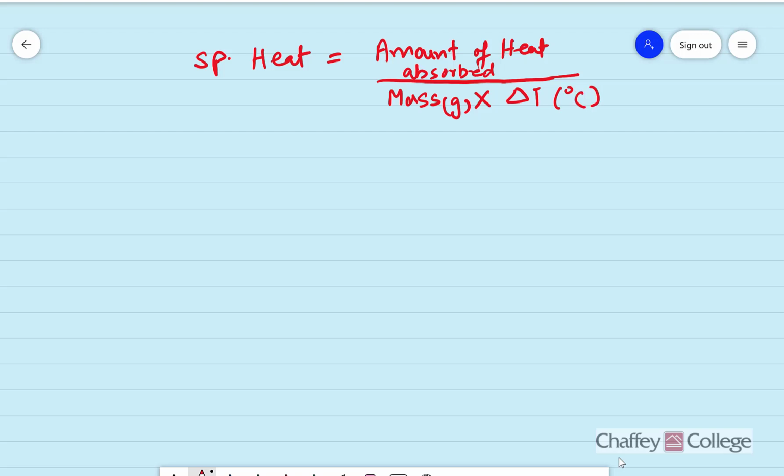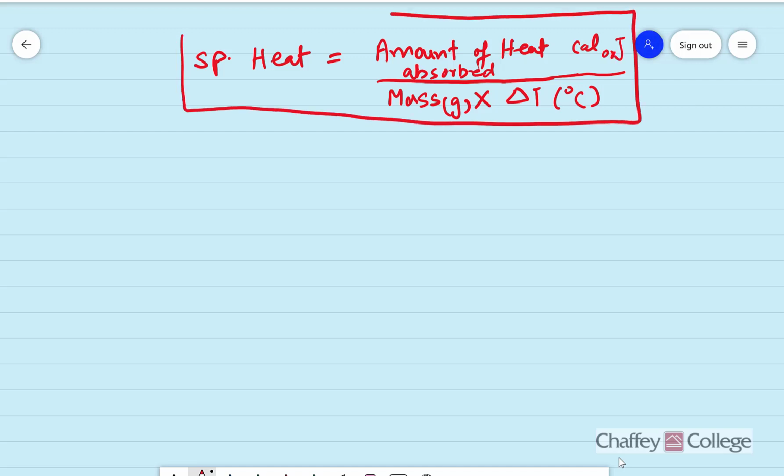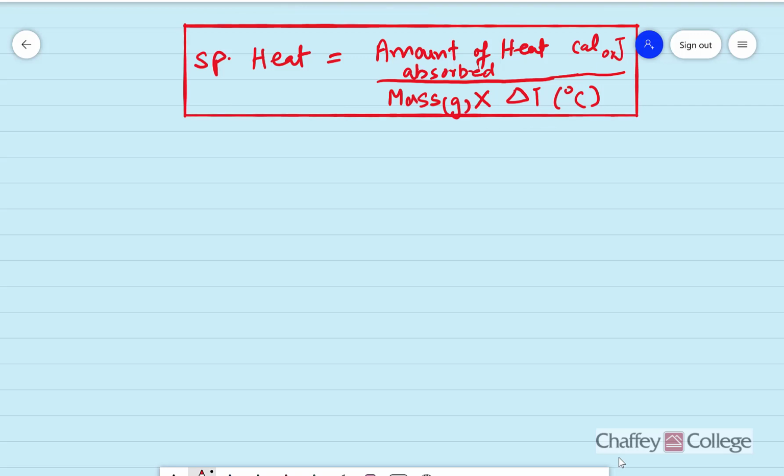And the amount of heat absorbed can be either in calories or in joules. So this will be the formula which we will use in this experiment.